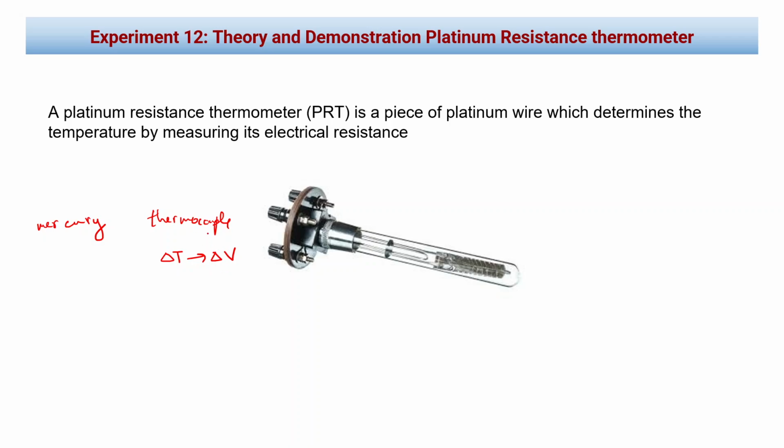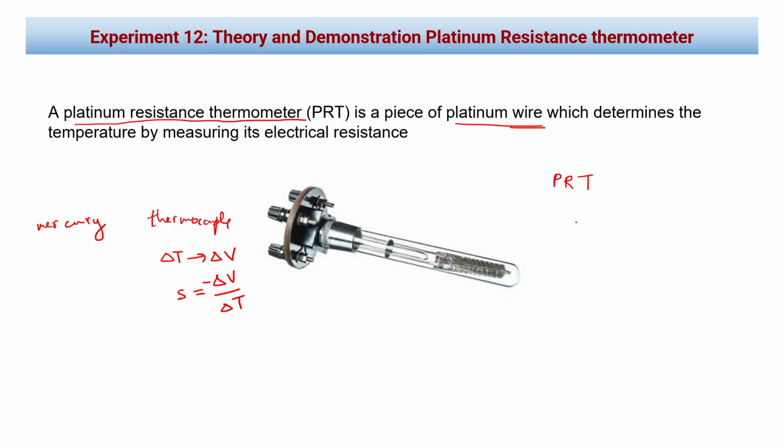If we know this Seebeck coefficient, we can convert the voltage difference to the temperature difference, and from there read the temperature. Basically we can measure the temperature. The third temperature measuring instrument that we are talking about is this PRT, or platinum resistance thermometer, which uses a piece of platinum wire.